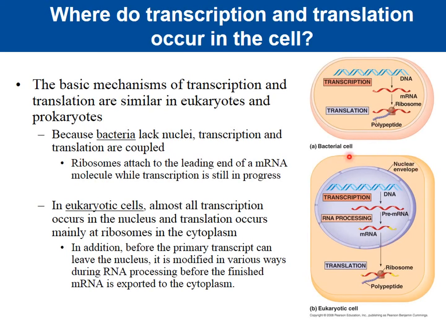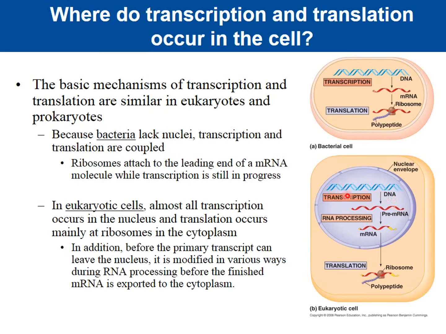In eukaryotic cells, for example like ourselves, remember that eukaryotic cells have a nucleus. The nucleus is made up of a nuclear envelope, so it's a membrane-bound structure. And inside the nucleus is the DNA, right? So the DNA is in the nucleus, but the ribosome, which does translation, is actually in the cytoplasm.